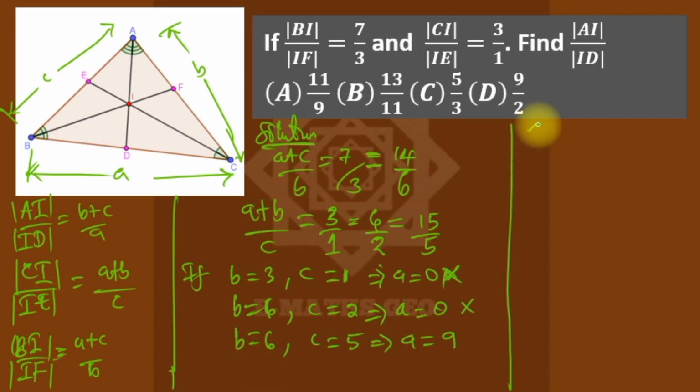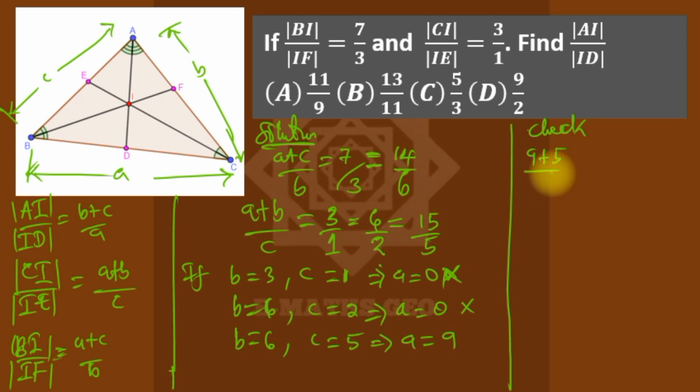If we check 9 plus c, which is 5, over b, I'm testing this to know whether I'll get 7 over 3. 9 plus 5 over b, which is 6.